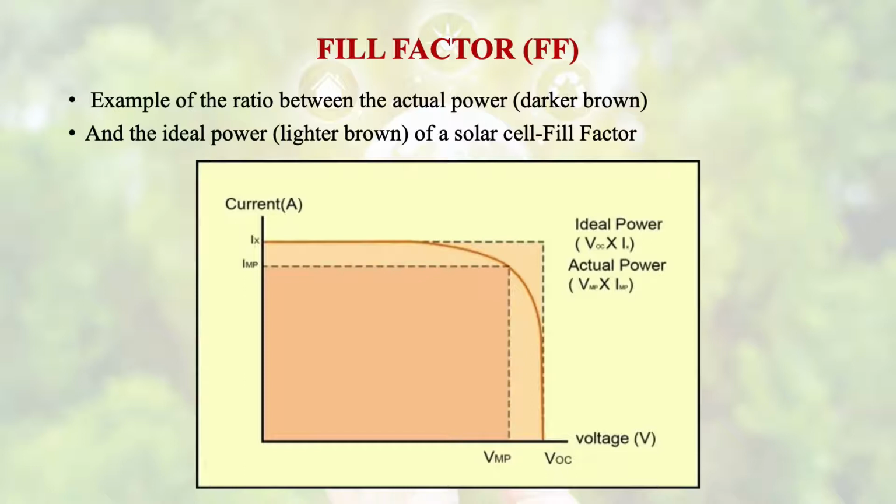So this is the actual power we are getting from the solar cell. This gives the ratio of these two areas, which is the fill factor: VMP multiplied by IMP divided by VOC multiplied by ISC.